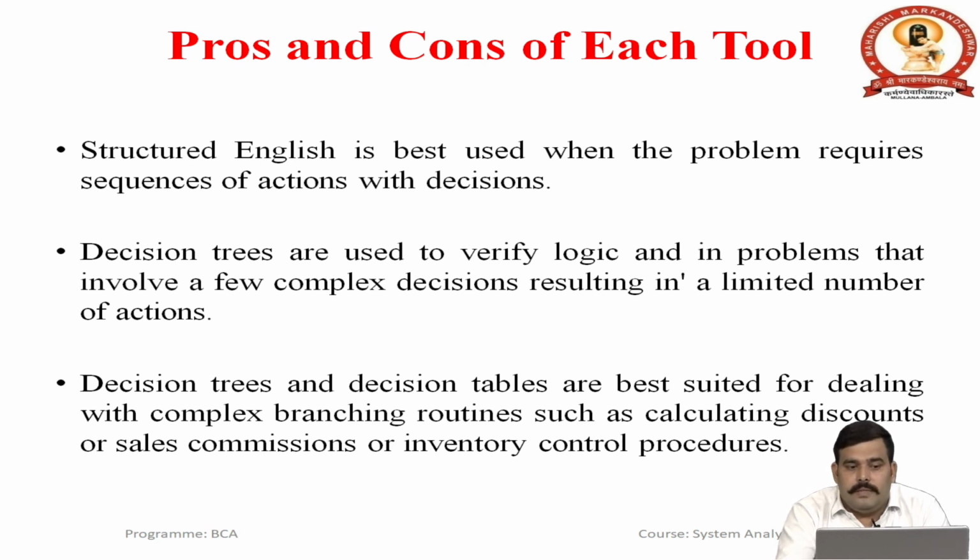But decision trees are used to verify logic, and in problems that involve a few complex decisions resulting in a limited number of actions. Decision trees and decision tables are best suited for dealing with complex branching routines such as calculating discounts or sales commissions, and inventory control procedures.